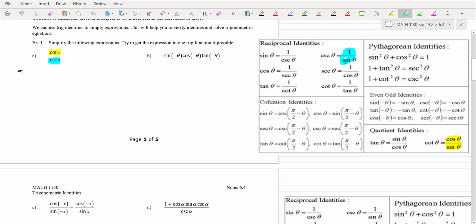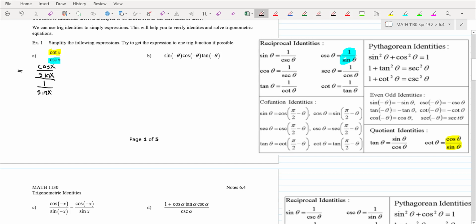You get better at knowing what to use with experience, but at this level, you have to be willing to just try something. So replace the cotangent with cosine x over sine x, and change the cosecant to 1 over sine x. I'm just applying those identities.